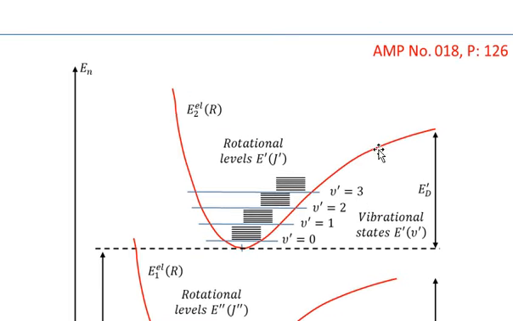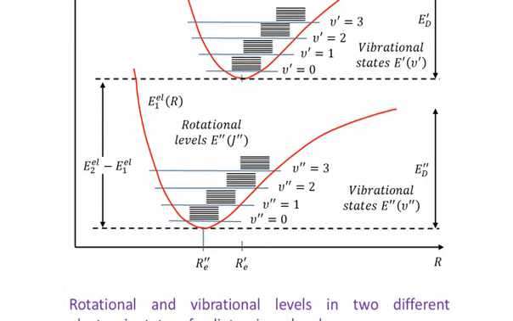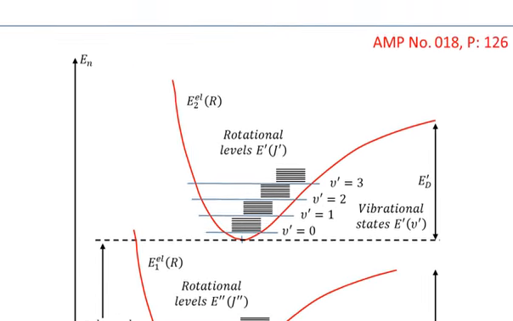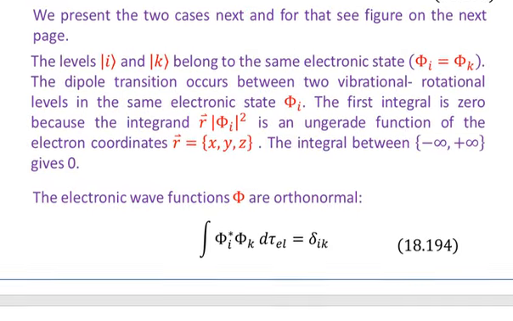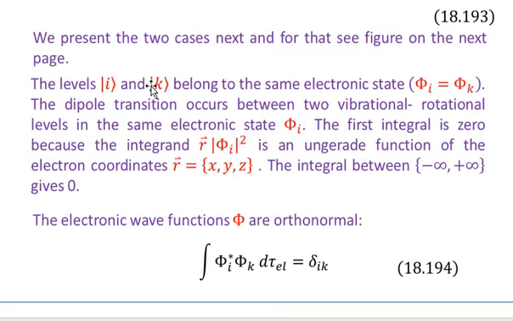Sorry, the upper one is the ith state, the lower one is the kth state. Let's assume that i and k belong to the same electronic state.